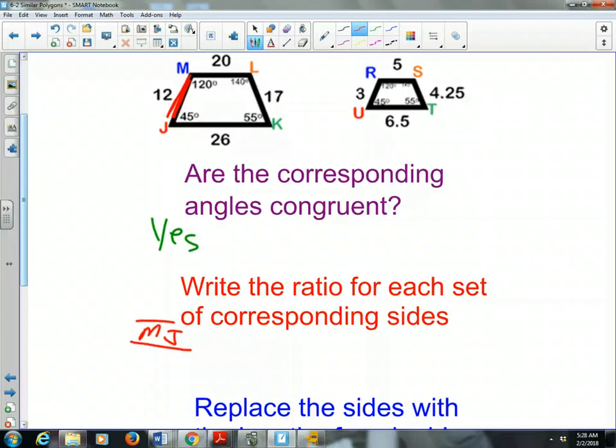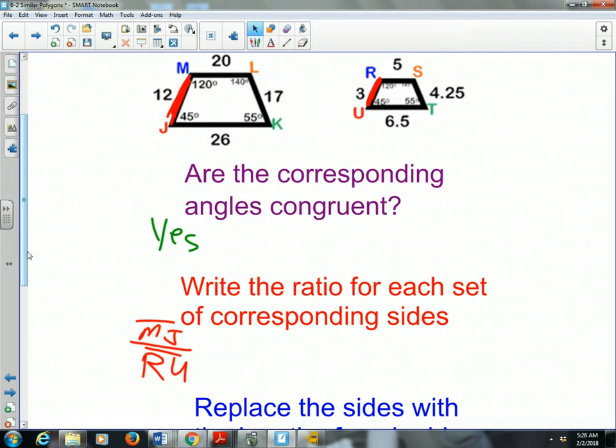And that segment corresponds to what segment in the other polygon? Well, it corresponds to segment RU. And that makes sense, right? The side that's made up by the 120 degree angle and the 45 degree angle, its corresponding side is the 120 and the 45.